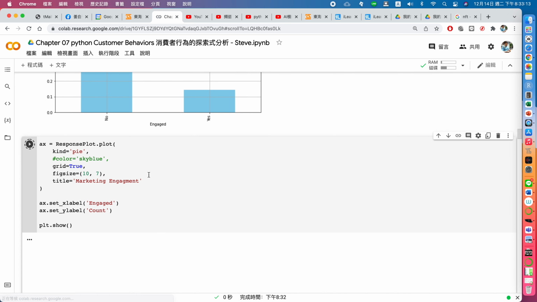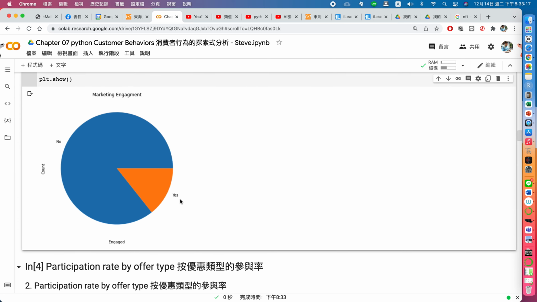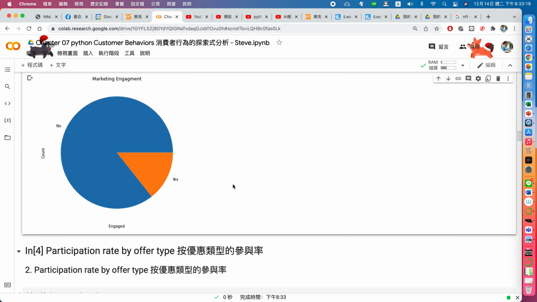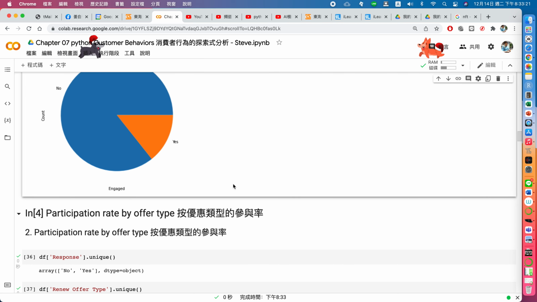Also, we have to plot the kind of type pie, the pie diagram. For the rest of the section, we are talking about different variables and how they affect the engagement rate.